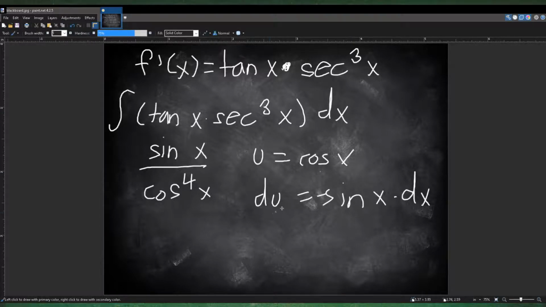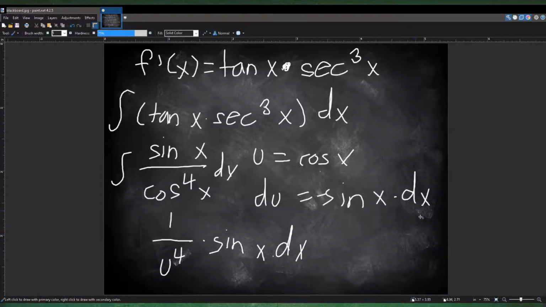So basically we can substitute u in here. This is something divided by u to the 4th. Let's write it a little bit more down. We have the integral of sine of x over cosine to the 4th, times dx, right? Sine of x times dx with a negative is du.